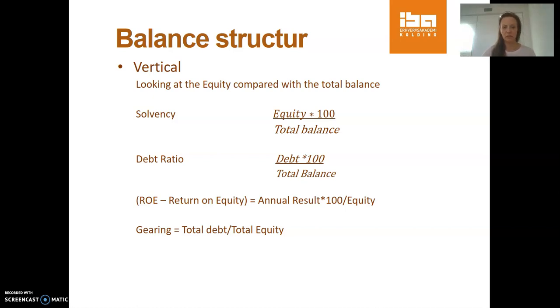Looking at the vertical balance structure analysis, we compare numbers on the same side of the balance sheet, meaning we can compare numbers on the side of the liabilities, taking a look at, for instance, solvency, which you know from the previous semester: equity in relation to total assets, or total balance as I've written here, or the debt ratio, taking a look at the total debt in relation to the total assets.